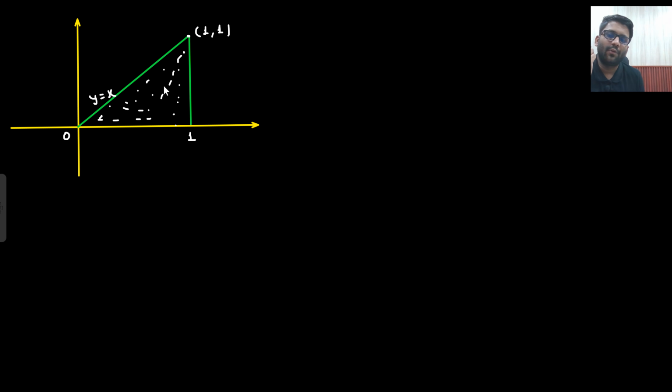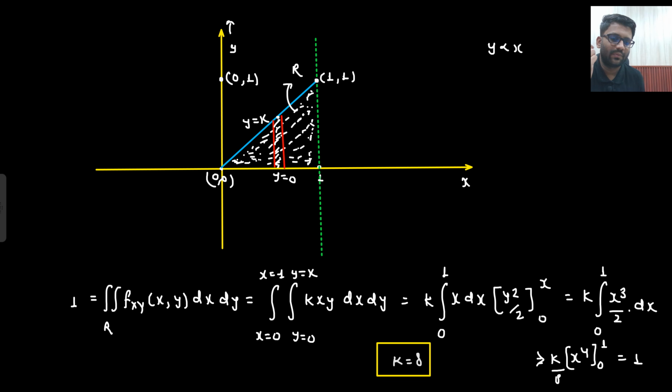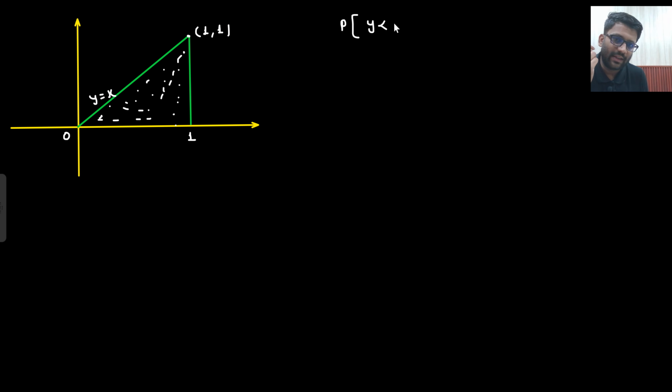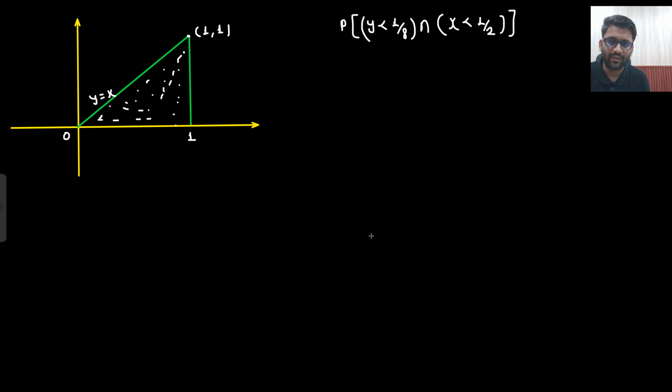Now what you need to find is the probability such that y is less than 1 by 8 and x is less than 1 by 2. So where will y equals 1 by 8 be?